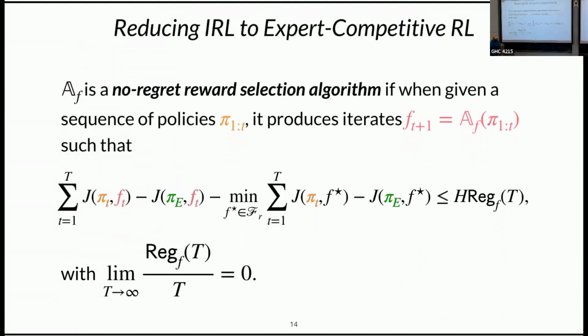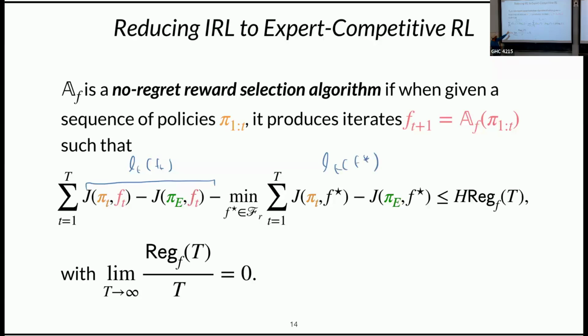So you could think of, in the notation Steven was using a while back, this thing here as basically being the loss function at round t of whatever we picked, ft. And you could think of this as being the loss function at round t, evaluated at the best in hindsight reward function, right?